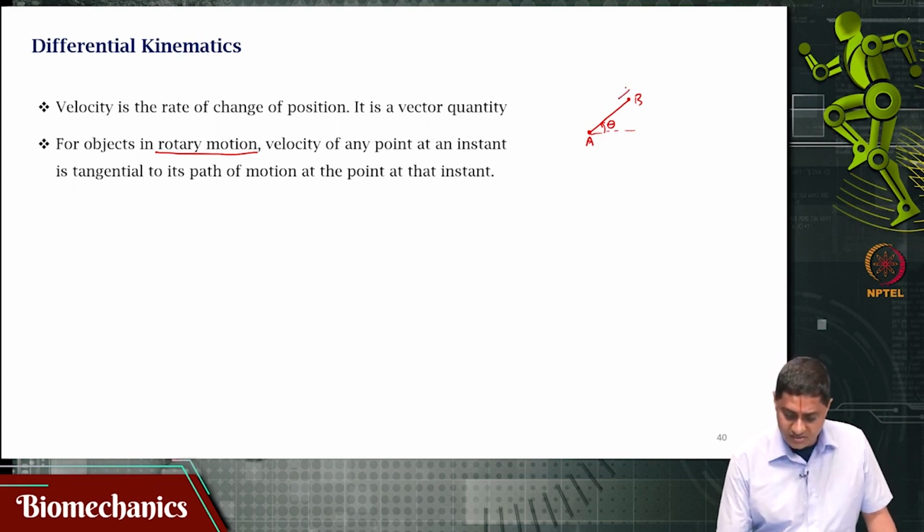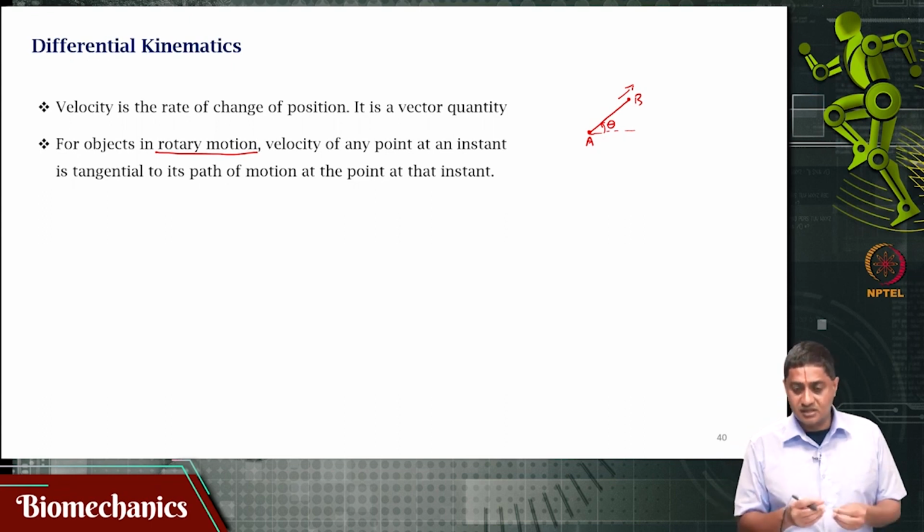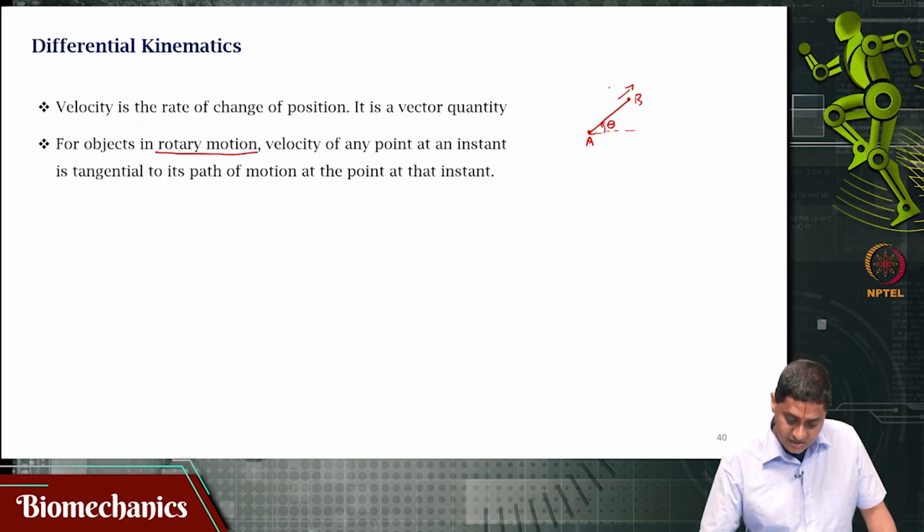One is along this direction, which is along AB, but that is not possible, because AB is a rigid body and its length does not undergo a deformation, does not either elongate or contract. The other possibility is in a direction perpendicular to this, in that direction.